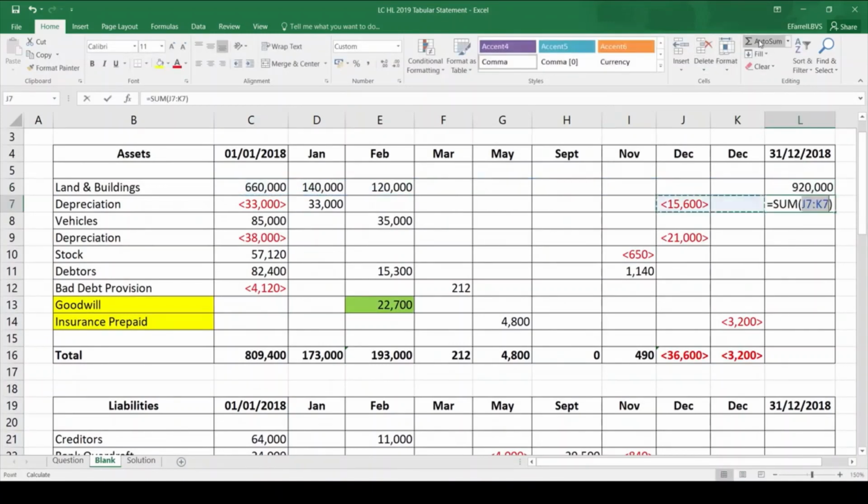So land and buildings, 920,000. Depreciation minus 15,600. Vehicles came to 120,000.